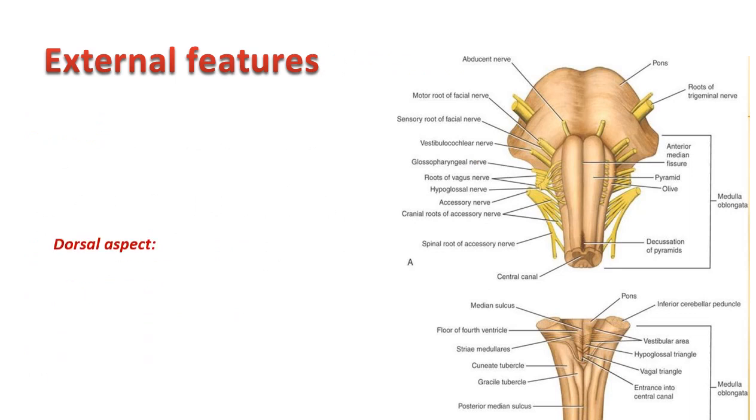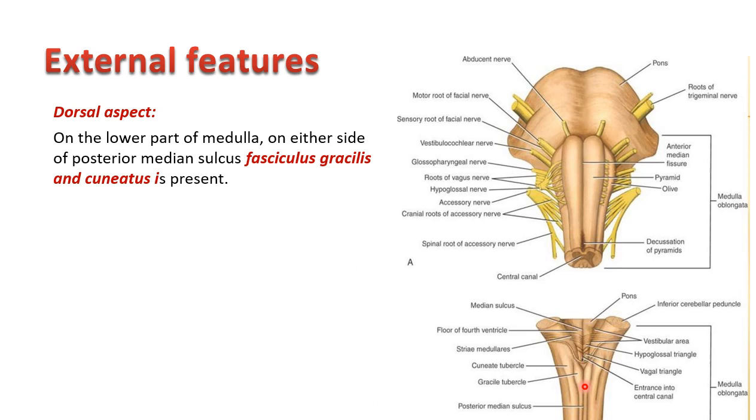Now, coming to the dorsal aspect. In this diagram, you are able to see the dorsal aspect, the posterior median sulcus, which you can see here. On either side, you see two elevations, which are produced by a band of white matter: the medial one is the fasciculus gracilis, and the lateral one is the fasciculus cuneatus.